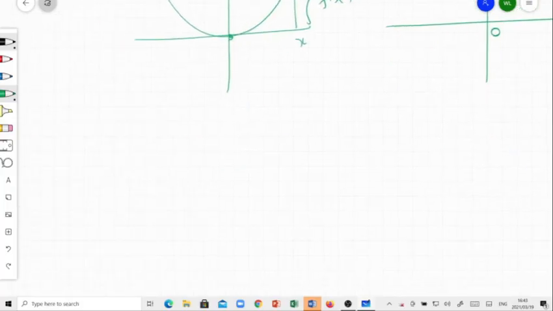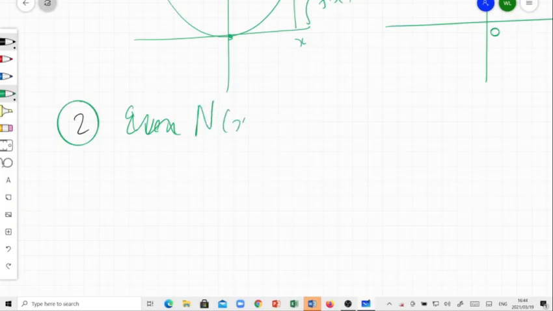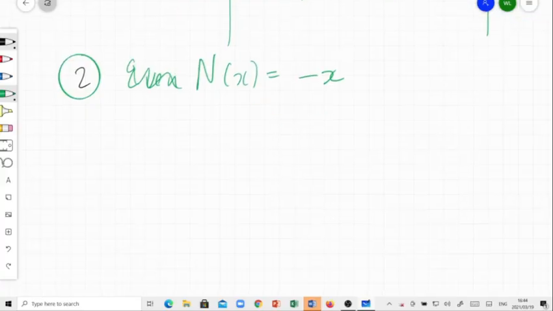Now, there is also the second type of composition function that is used very frequently, where we work with what is called the negation function. So remember, the negation function was given as f sub n of x equals negative x. It just flips the sign around. Okay, so let's say that I've got my friendly function y equals f of x.